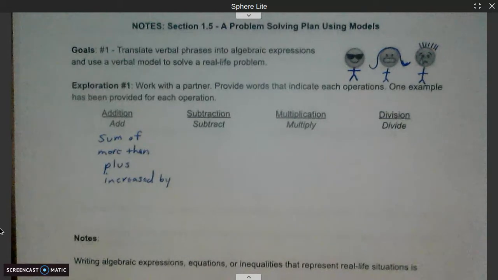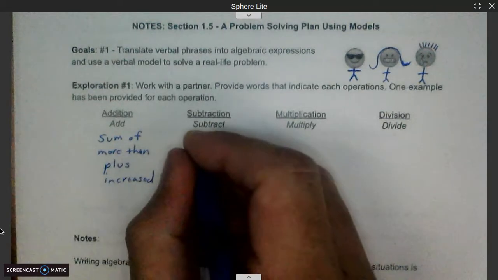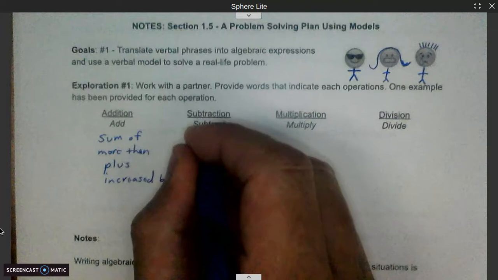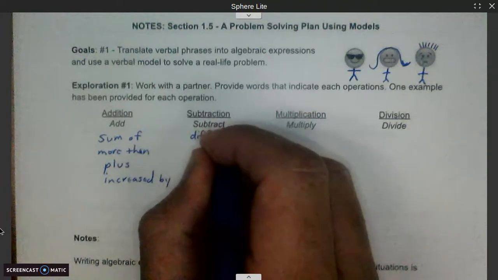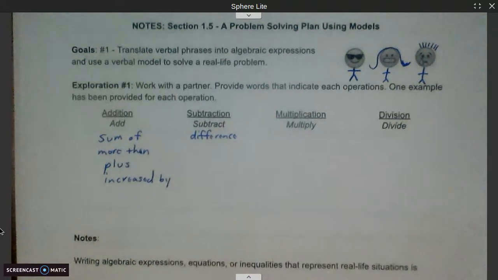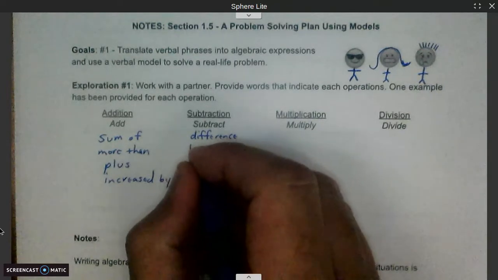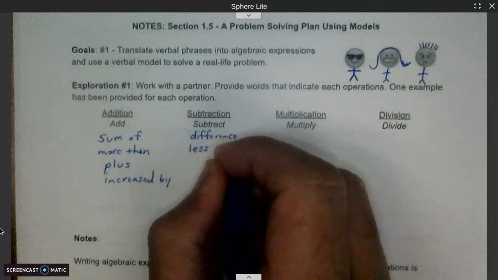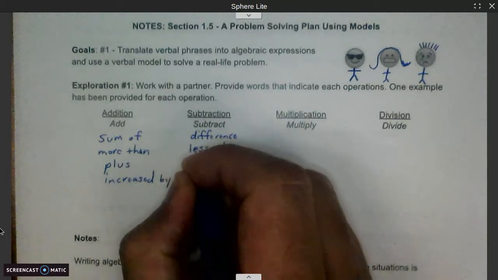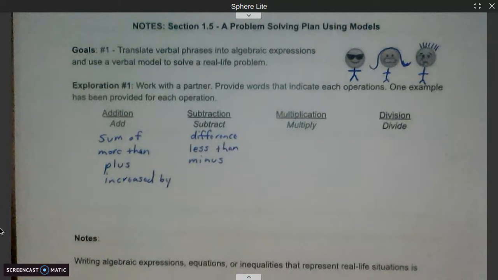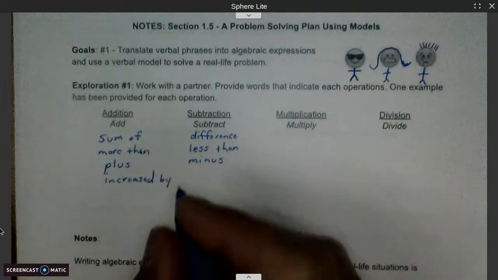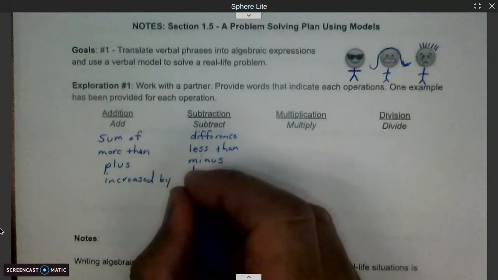Subtraction, I have difference, less than, minus, and decreased by.